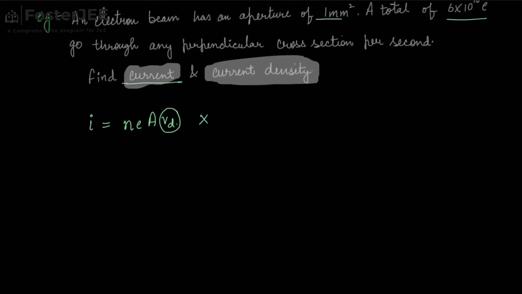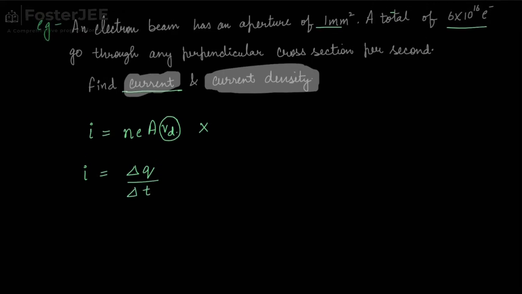So let's go from basics, that current is the total charge flown in total time. Now, from this information, the electron beam has an aperture and a total of this many electrons. So we are directly given that this much charge is being passed.